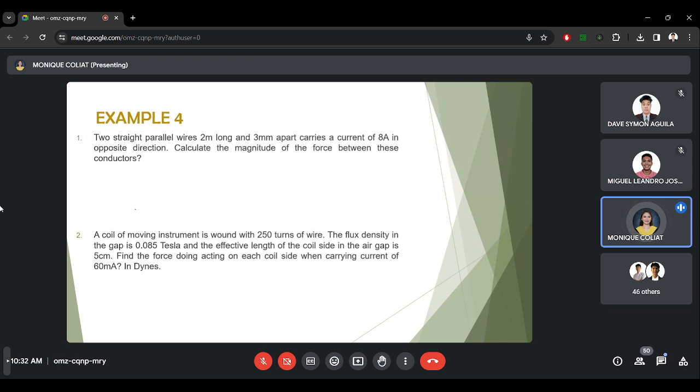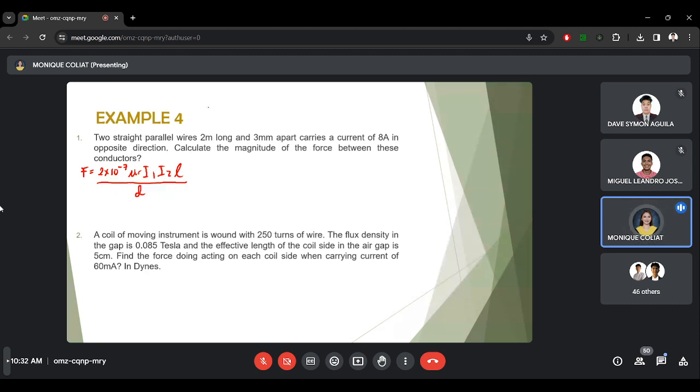So, again, the formula for getting the force between two conductors or two straight wires, we have F is equals to mu O, or maybe let's use 2 times 10 raised to negative 7 mu R I1 I2 L over D. So that's the formula in getting the force between the two conductors.